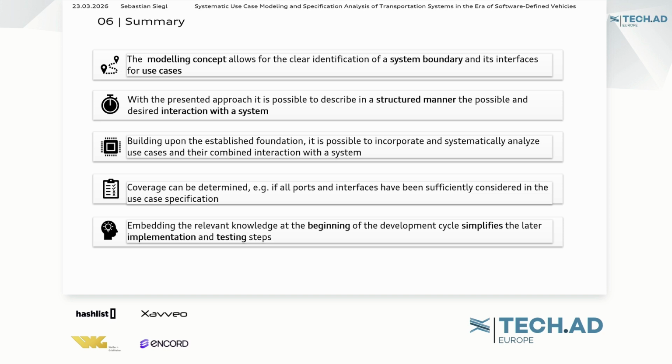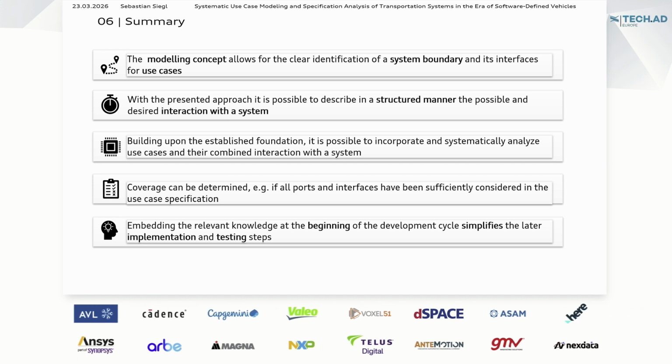It's a structured manner. When you have, like for the vehicle architecture, different logical layers in systems engineering, this method allows you to think of how you work in these logical layers, so that from all the different disciplines and domains in the vehicle, this fits together. You can determine coverage on the basis of these models.